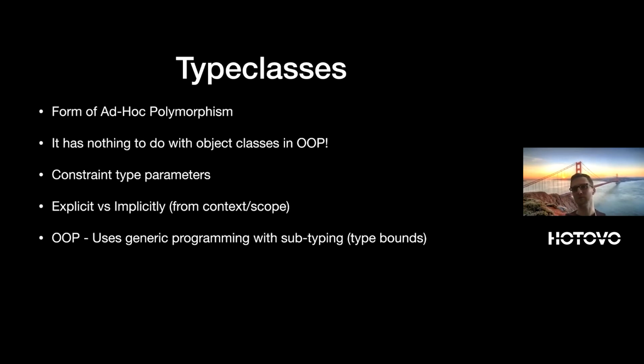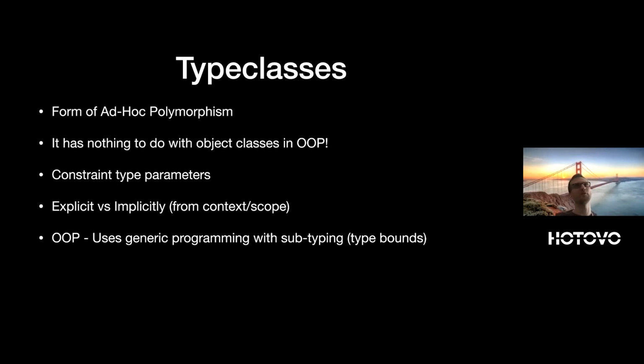These terms come from a functional programming background, especially from Haskell. And the type class is basically a constraint on a type parameter. So it's like a class of types, not a class of objects.